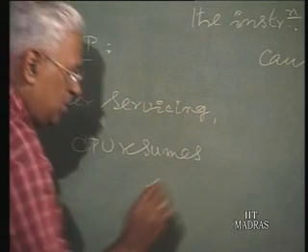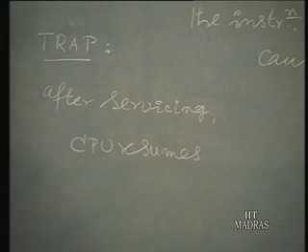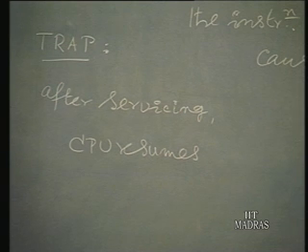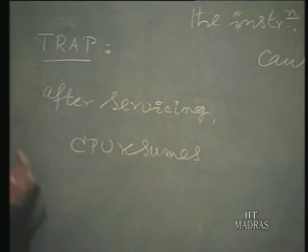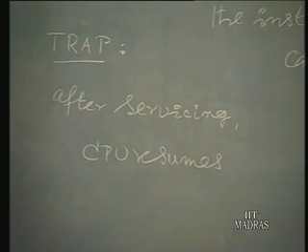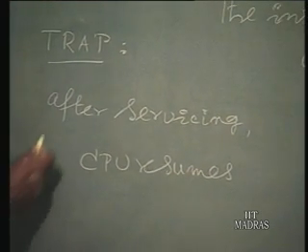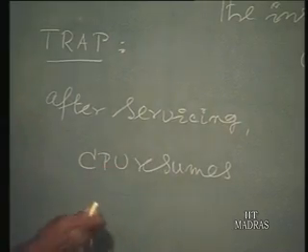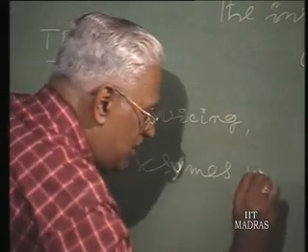Because a trap is a situation with which the CPU cannot proceed any further. It is a legal instruction, but because of power failure or something like that, it cannot proceed, right. So, it will complete that instruction, and the CPU resumes with the next instruction.